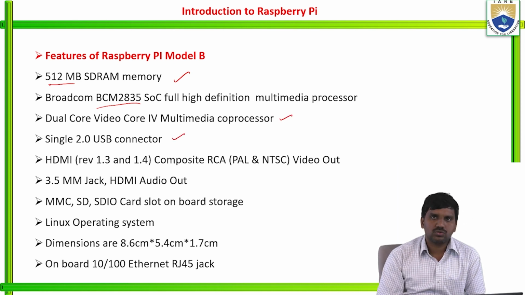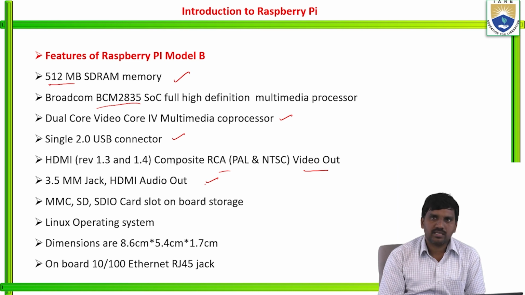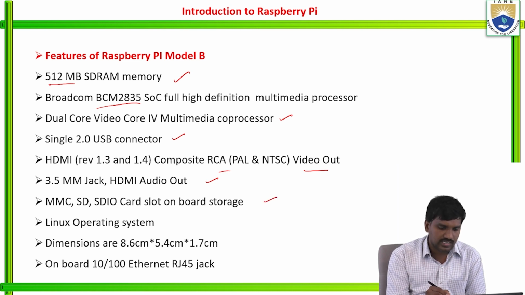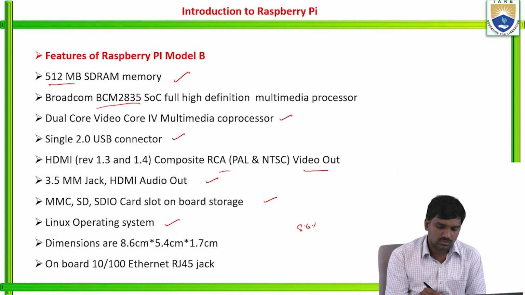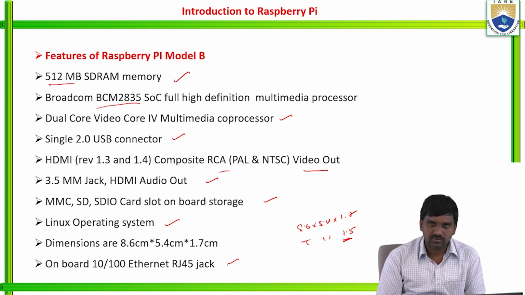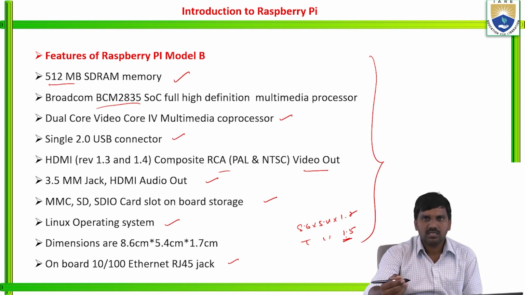Single 2.0 USB connector, HDMI composite RCA video out, 3.5 mm jack HDMI audio out, SD MMC SDIO card slot and onboard storage. It is supported with the Linux operating system, 8.6 by 5.4 by 1.7. But in Model A the width is 1.5 only, remaining are the same. It also has the onboard 10/100 Ethernet RJ45 jack. So these are some features of the Raspberry Pi model.